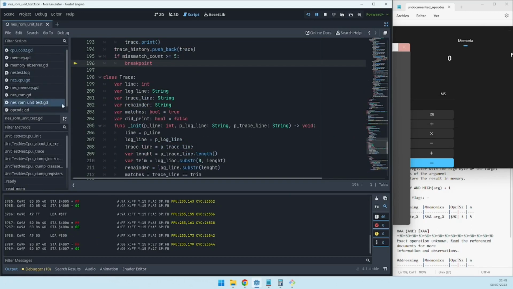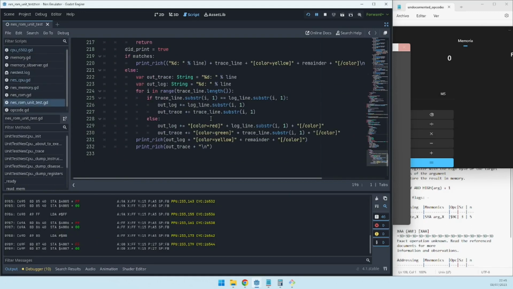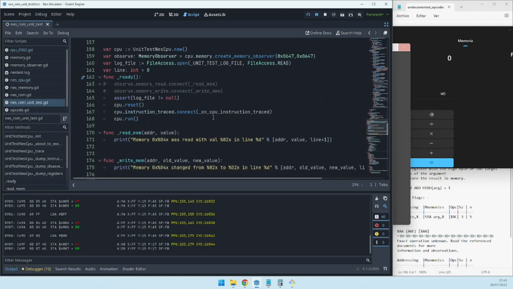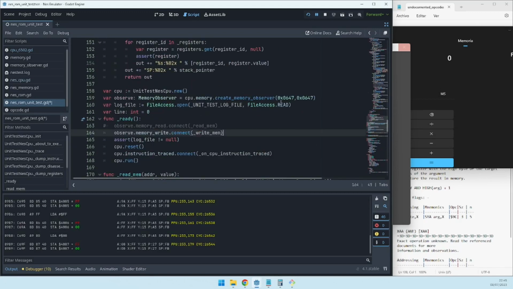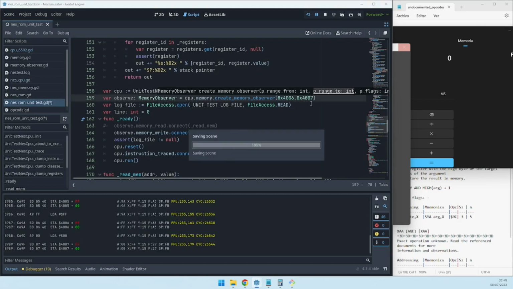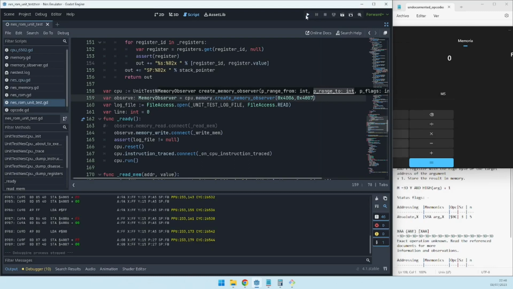So let's use our magic observer to see when the memory is changing. And the memory range is 4006 to 4007. Run.